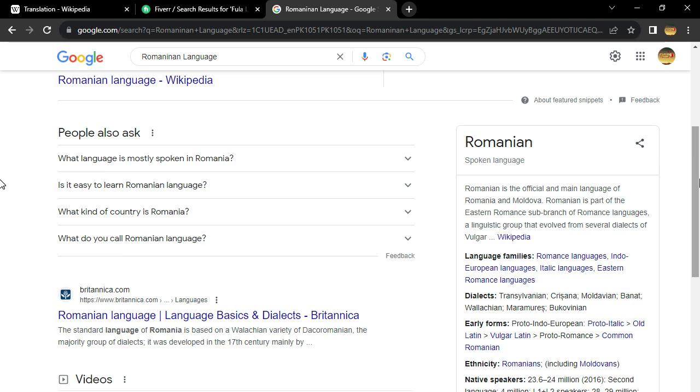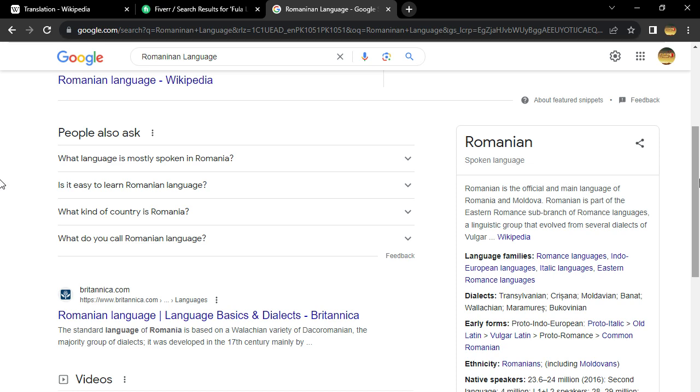Dialects: Transylvanian, Moldavian, Banat, Wallachian, Maramureș, Bukovinian. Early forms: Proto-Indo-European, Proto-Italic, Old Latin, Vulgar Latin, Proto-Romance, and Common Romanian.